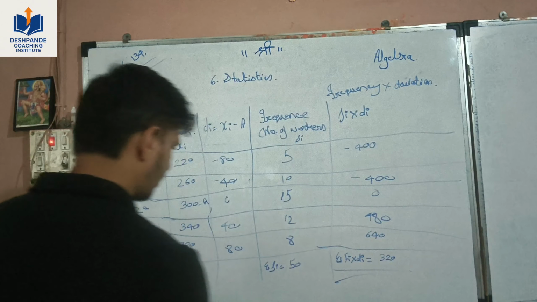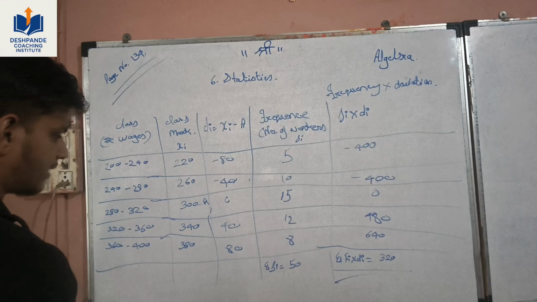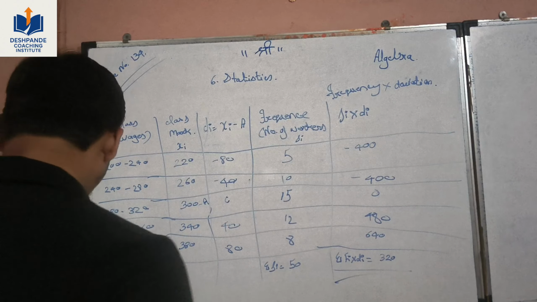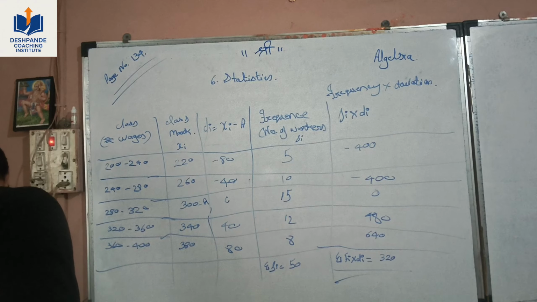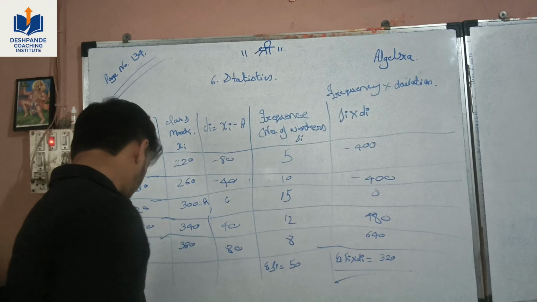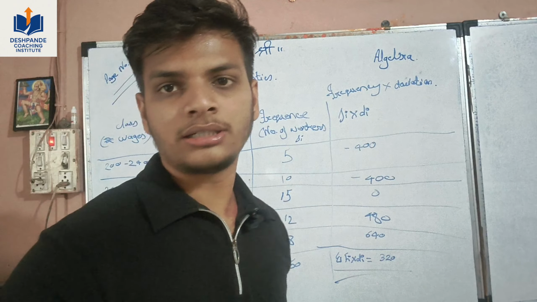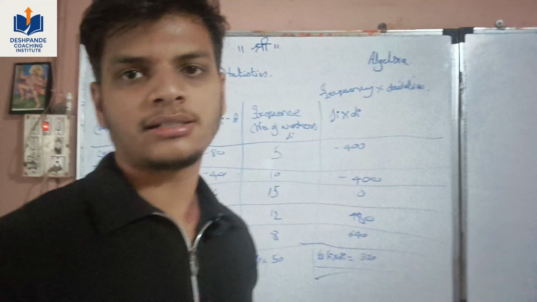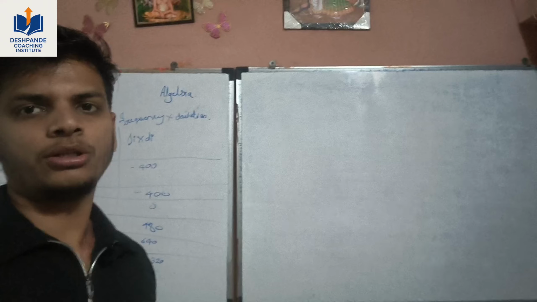So summation of Fi into Di is equal to 320 and summation of Fi is equal to 50. Our problem is not solved yet. We have to solve the problem with formulas in the next board.